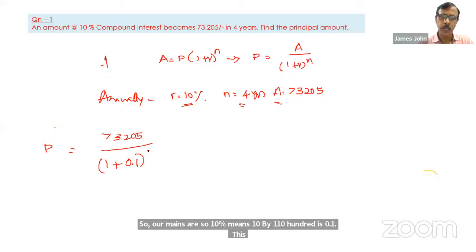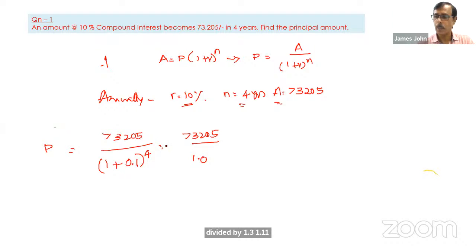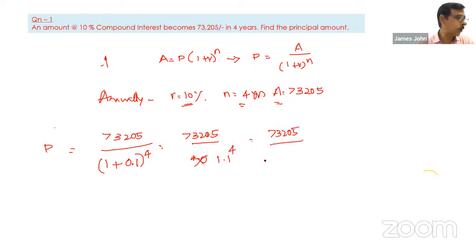This raised to N, which is 4. This is equal to 73,205 divided by 1.1 raised to 4. You simplify it.